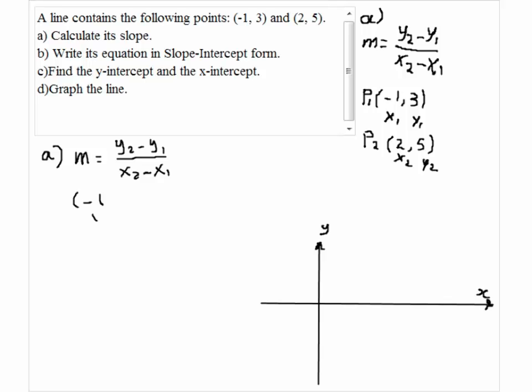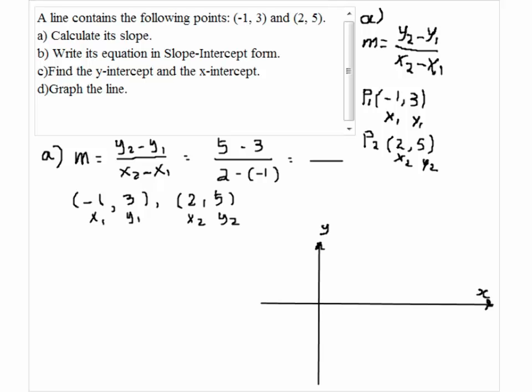So let -1 be x1, 3 be y1, and let 2 be x2, and 5 be y2. So the formula becomes 5 minus 3 over 2 minus -1, which will give us 2/3. So the slope is 2/3.